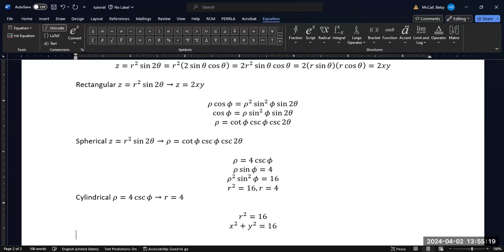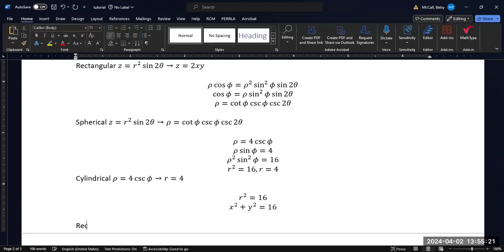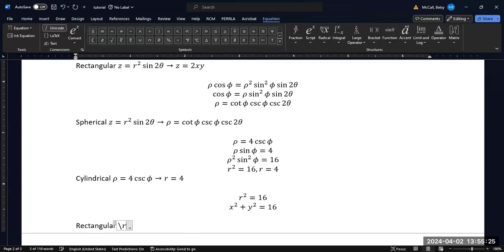And so again, we're left with this cylinder. Rho is equal to 4 cosecant phi becomes x squared plus y squared equals 16, which again is just a circle in the plane. And since z is free, this is a cylinder.